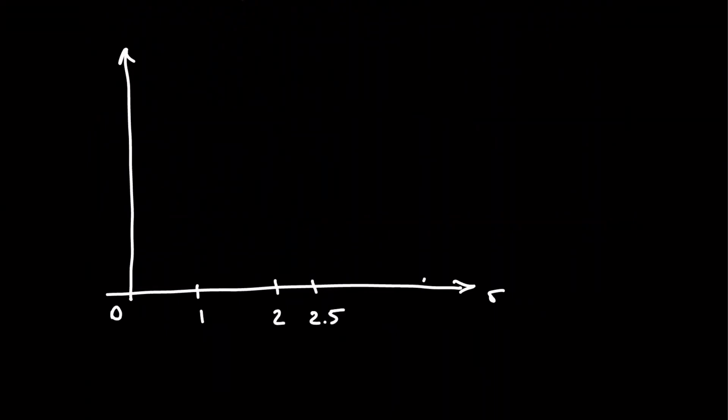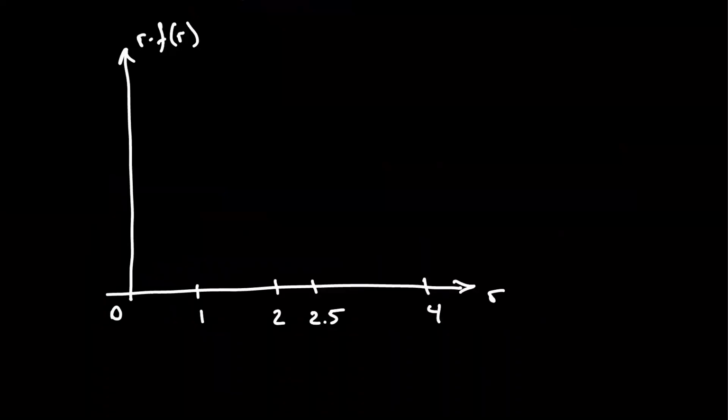Let's again sketch a little graph here. So we have r, and then these points that we have are 0, 1, 2, 2.5, and then 4. And on the vertical axis, let's actually sketch not f of r, but r times f of r, because that is the expression in the integral.